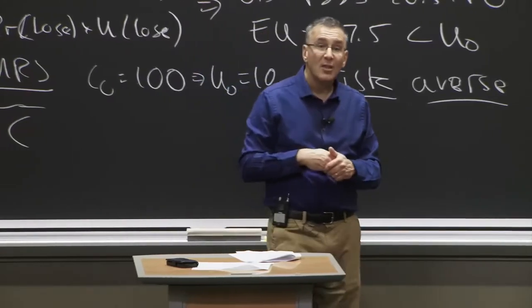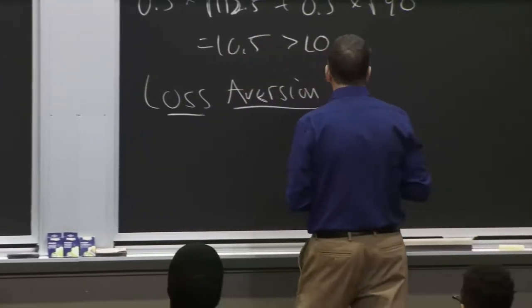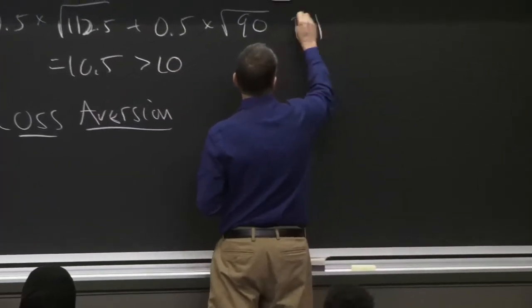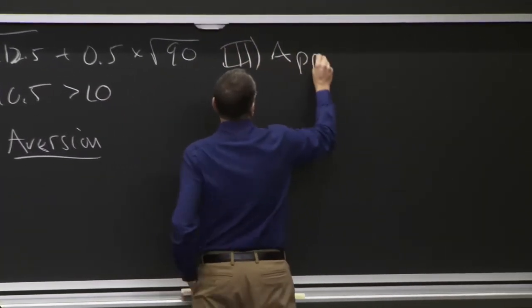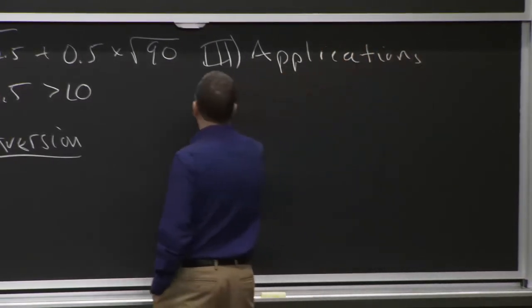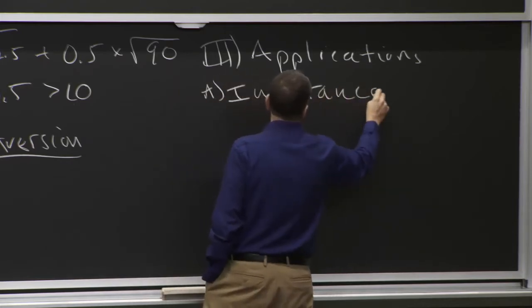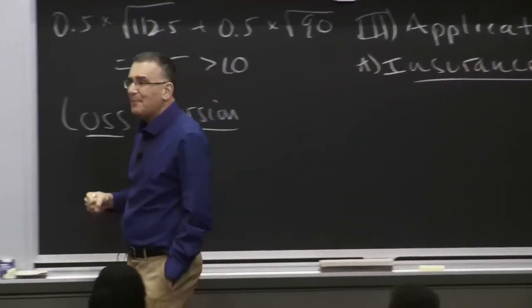Now, this leads us naturally to the next section, which is to talk about applications of this theory and why it's important. The first application I want to talk about is insurance. Insurance is big business in America.